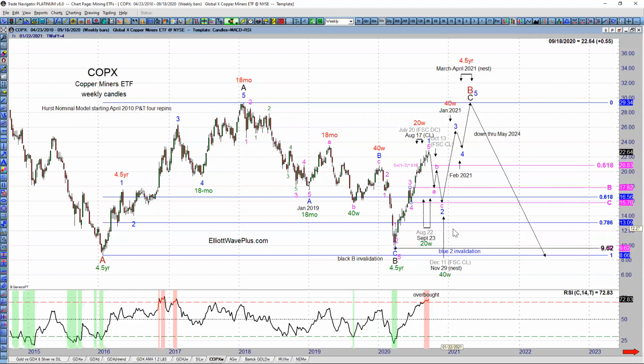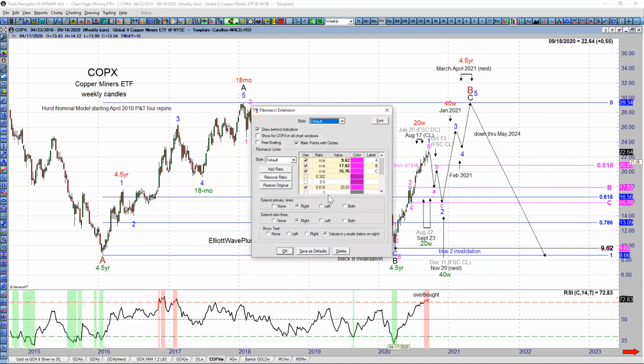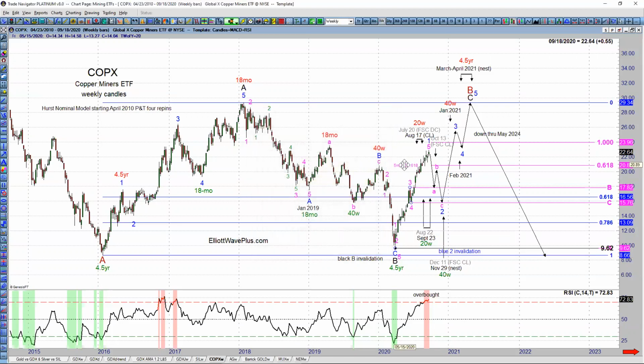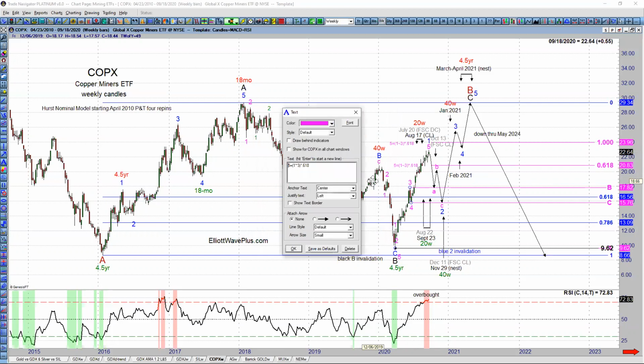Copper has been just crazily bullish, and bullish enough that I have to put in a potential extended fifth wave target that's slightly above price, I guess. It's been hard to understand why.